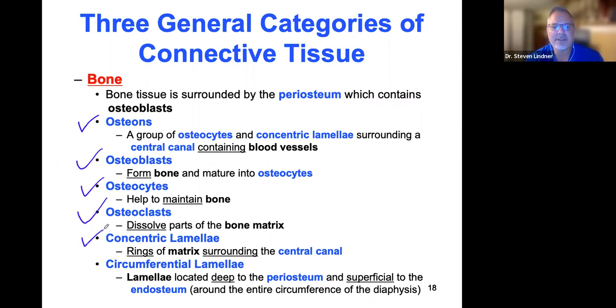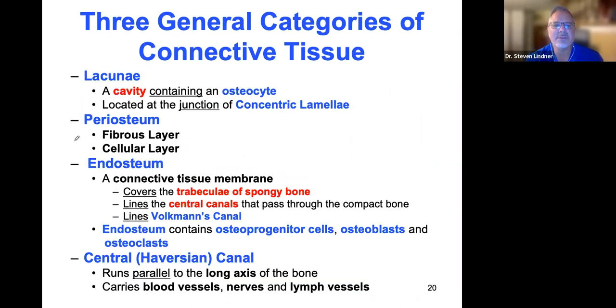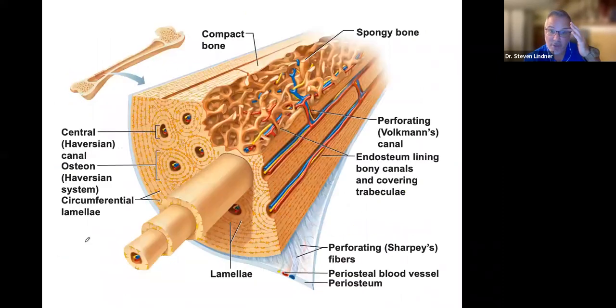We'll talk about concentric lamellae, circumferential lamellae, interstitial lamellae, canaliculi, Volkmann's canal. All of these checked off terms: lacunae, periosteum, endosteum, central canal. I'm going to show you all of these on the bone histology and bone slide.